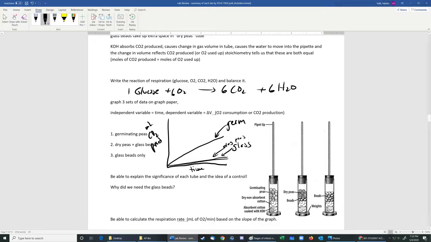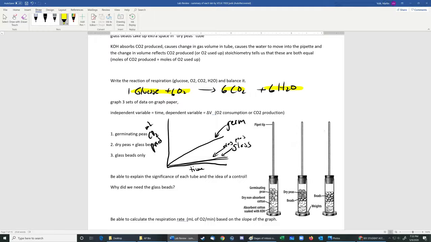When we take a look at the chemical equation for respiration, which can be seen right here, we see that a glucose and 6O2 will produce 6CO2 and 6H2O. That's the balanced equation.